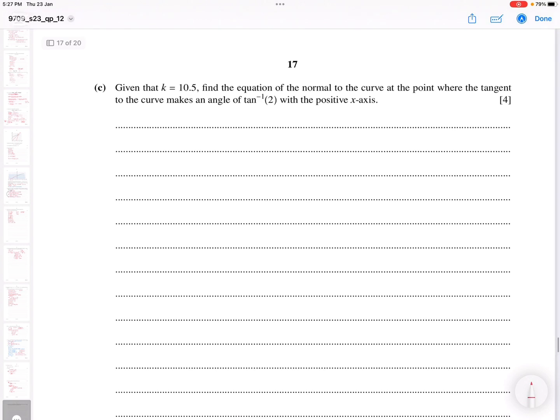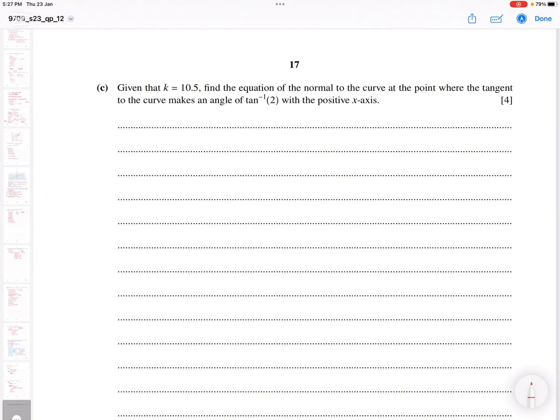Part C, given that k is equal to 10.5, find the equation of the normal to the curve at the point where the tangent to the curve makes an angle of tan inverse of 2 with the positive x-axis. Let me explain something here. Tan inverse of 2 means theta is equal to tan inverse of 2.